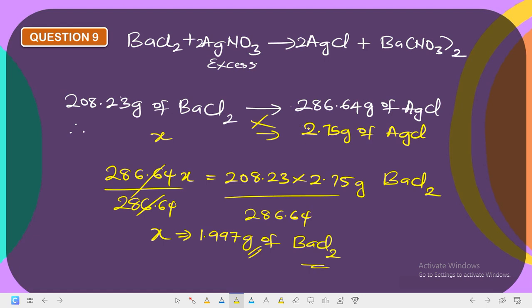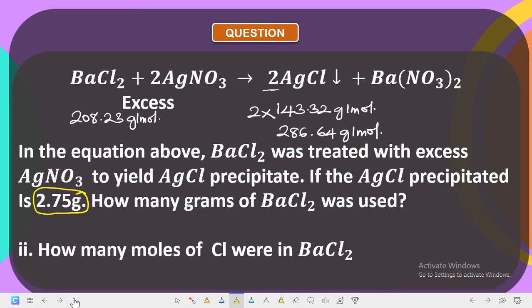So we can say that 2.75 gram of silver chloride gave us 1.997 gram of barium chloride. Okay, now the question is, how many moles of chlorine were in barium chloride? How do we get that particular one?